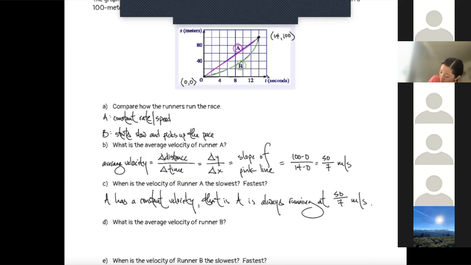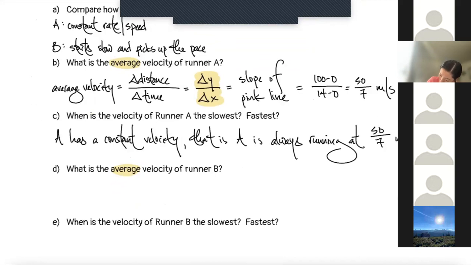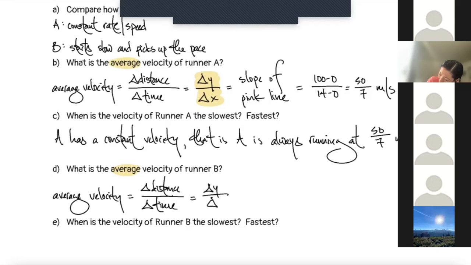Okay. So this word average here tells us delta y over delta x. And when we see this word average here, it's also going to mean delta y over delta x. Okay. And so if we write this out again, we'll get average velocity, which equals delta distance over delta time, which equals delta y over delta x.